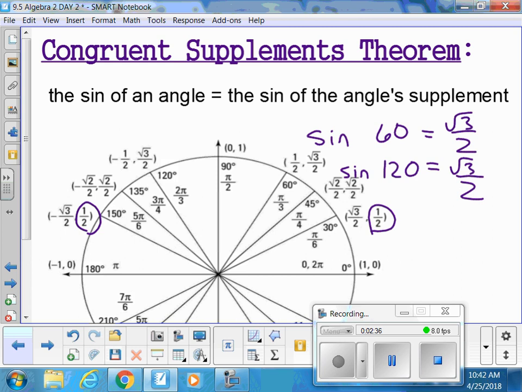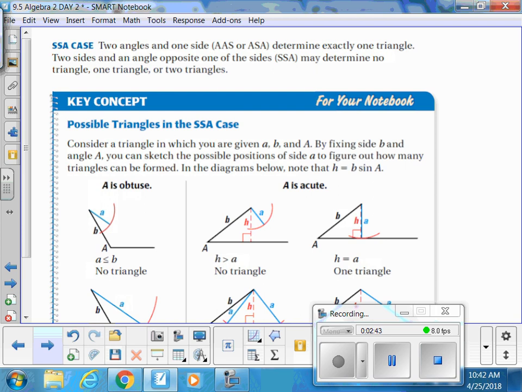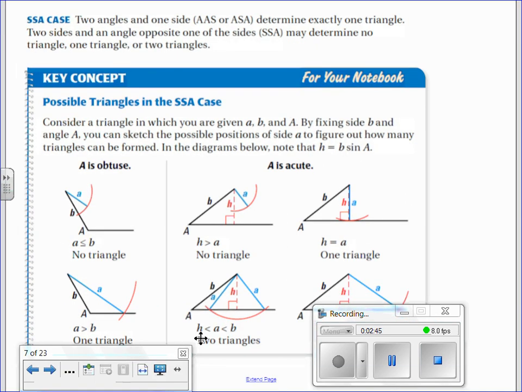Good. Ready to rock to a triangle thing? This is a lot of information. I'm not going to expect you to write it all down, but what I would want you to write down is that a side-side-angle triangle, a triangle where they provide two sides and an angle, could potentially have two solutions, one solution, or no solutions.